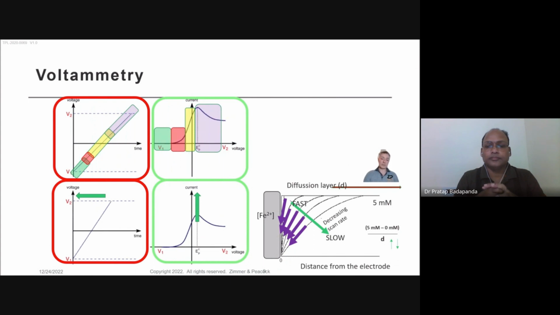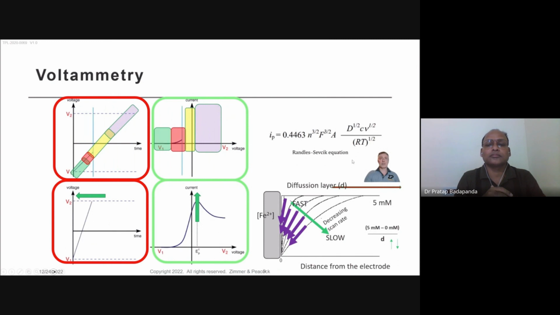The only reason I bring this up is that it's so iconic, or central, at least when you're being taught electroanalytical chemistry, especially cyclic voltammetry. This is what's driving that, and it's all wrapped up in the Randles-Sevcik equation. As I say, it's not something I want to necessarily derive, because I think it's better to understand this qualitatively before you understand it quantitatively.